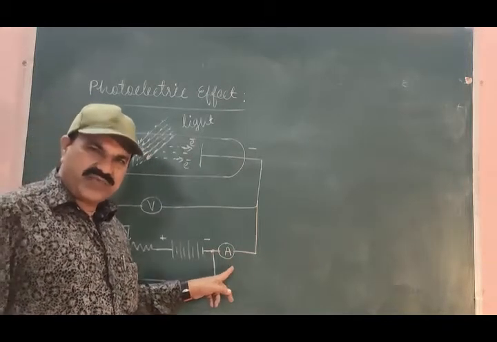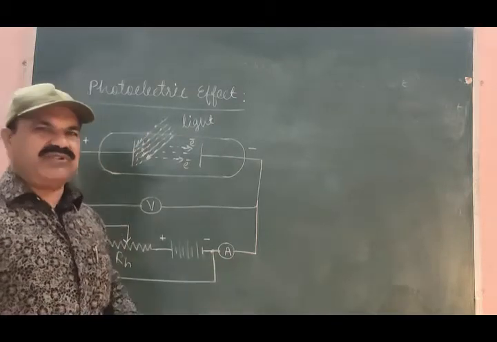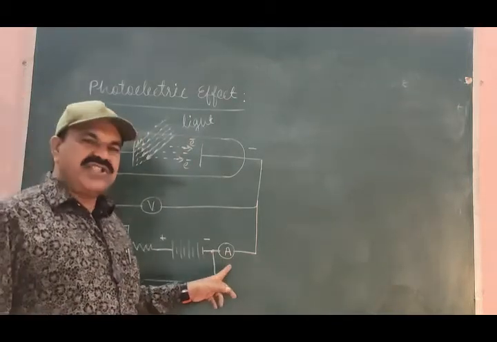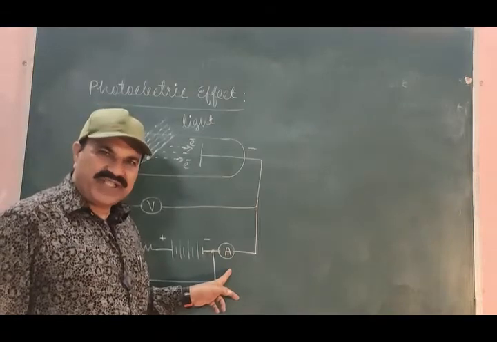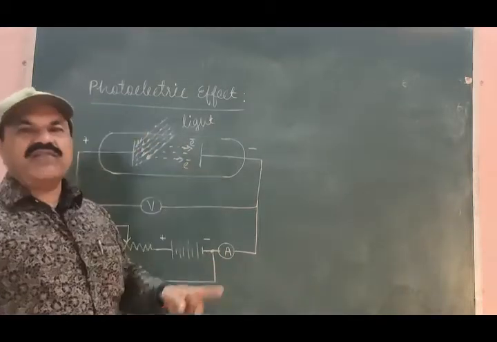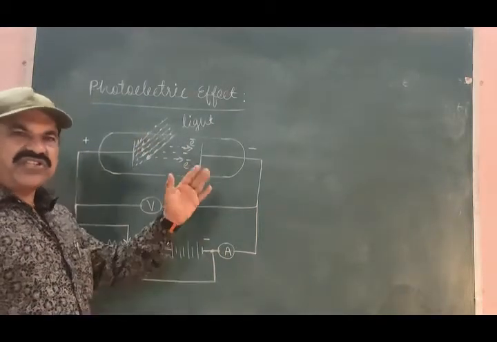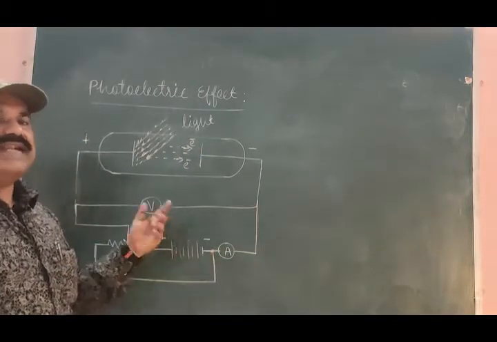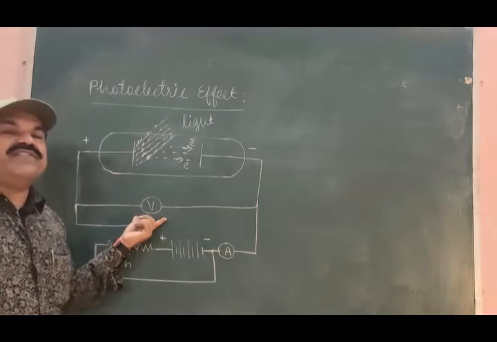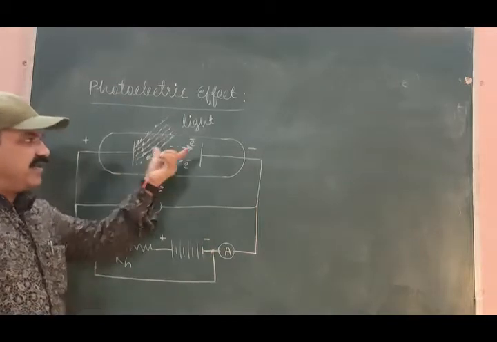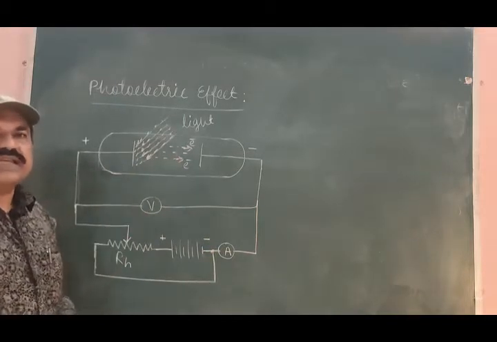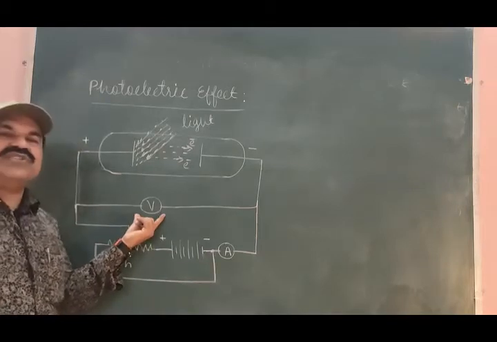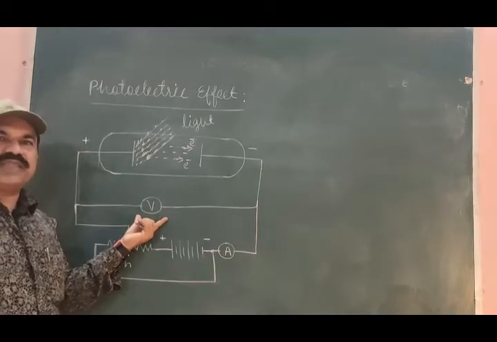In actual practice, we consider here a microammeter or a sensitive galvanometer, so that the current flowing in the external circuit due to this photoelectric effect can be measured. At the same time, the reverse bias applied to this photocell can be measured by using this voltmeter.